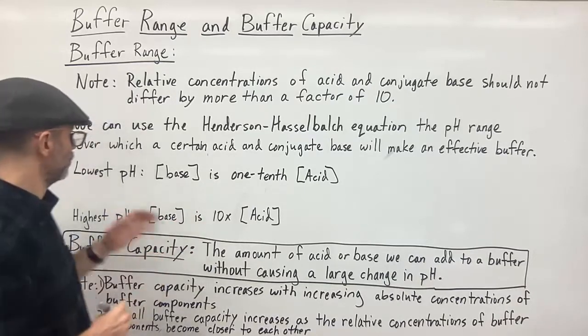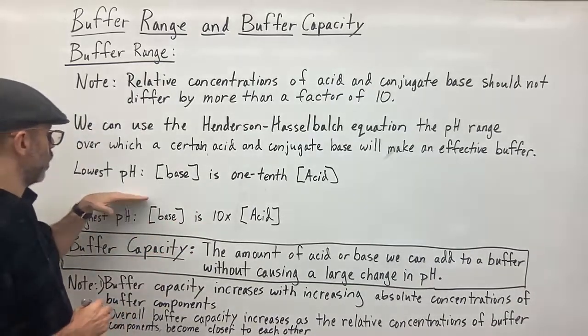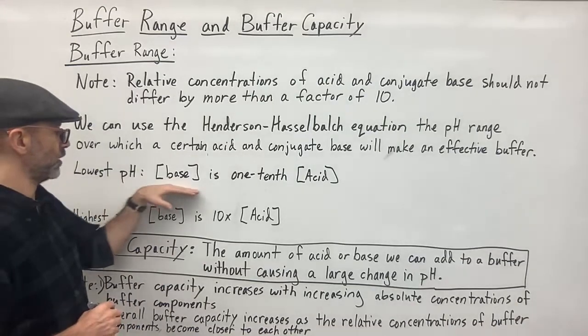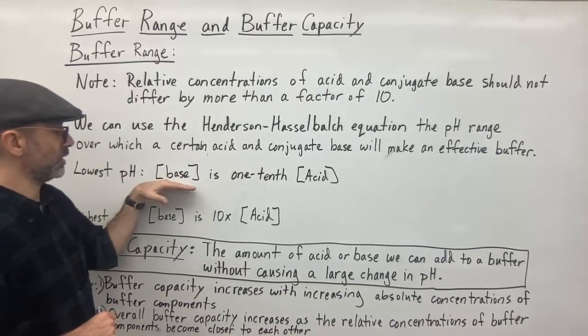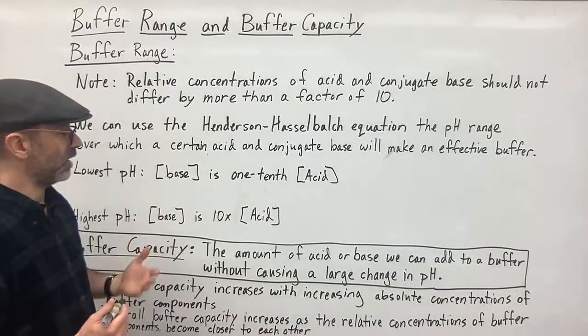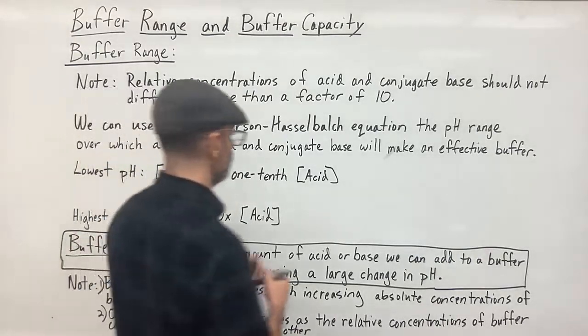So let's use the Henderson-Hasselbalch equation to find the lowest pH. The lowest pH is when the conjugate base is 1/10 that of the acid.